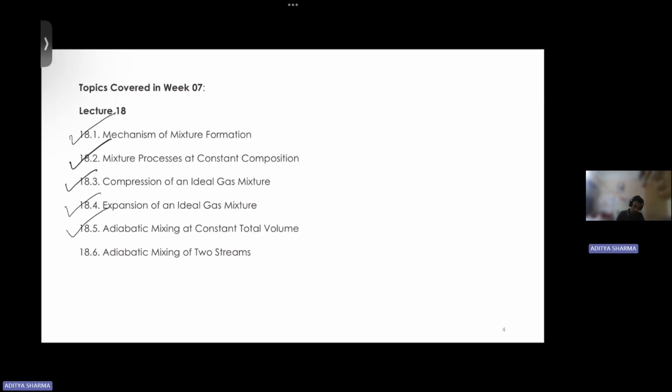First is your adiabatic mixing at constant total volume. Then is your adiabatic mixing of two streams. Okay, so first is your adiabatic mixing at constant volume.